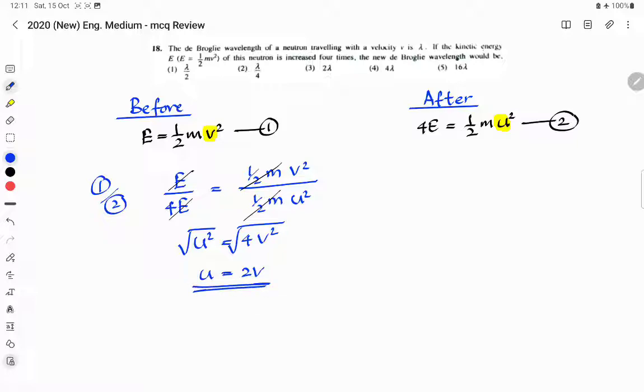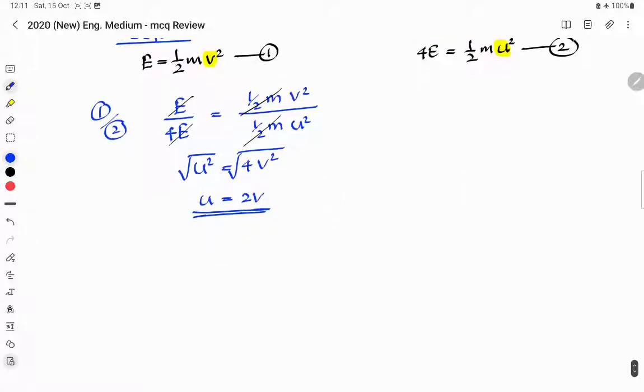Which means when the kinetic energy is increased 4 times, the velocity of the neutron has increased 2 times. Now we have the relationship between the velocities. Let's apply these values to the de Broglie equation.